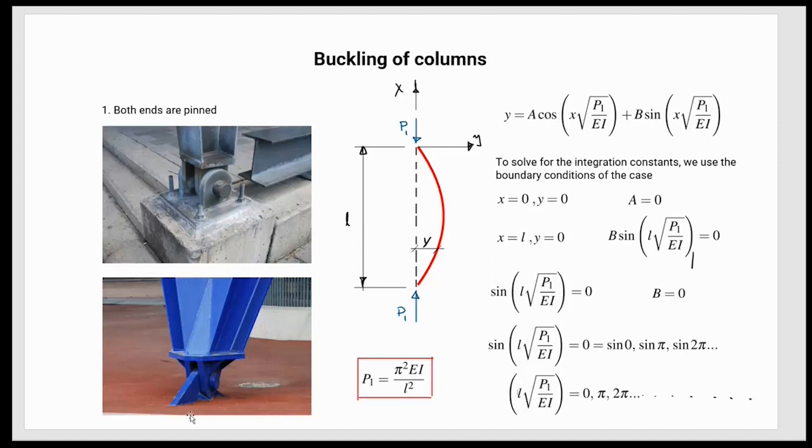In this case, you can see a column joined to the ground using a pin end, but imagine that both at the bottom and in the upper part they have these pins, so that's why it's called pin end. And what you're doing to the connection between the column and the other two elements is freeing the possibilities of movement of the column.